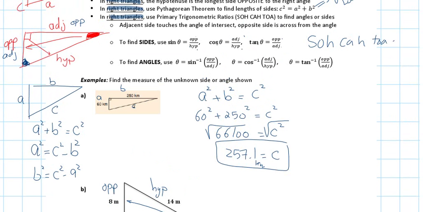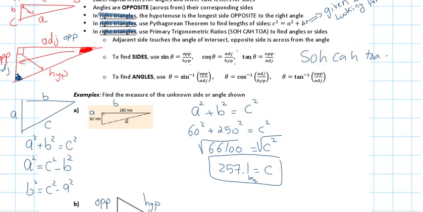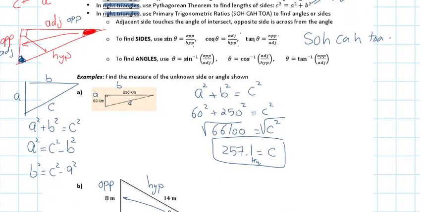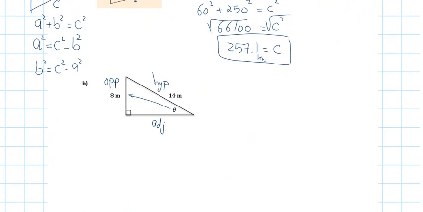So that means I have to use the sine formula, okay? So it says sine theta equals the opposite over the hypotenuse. I know the opposite and I know the hypotenuse, so I'm just going to plug the values in. So sine theta equals 8 over 14.